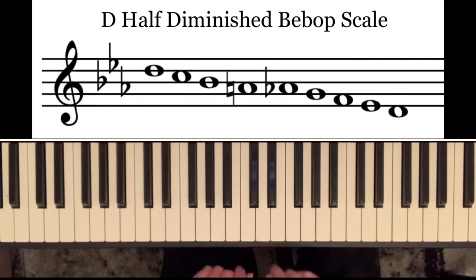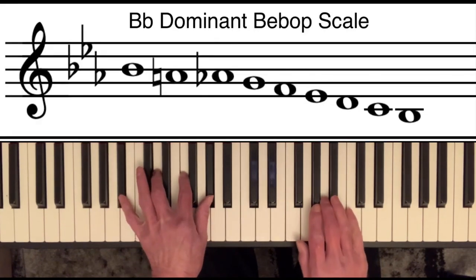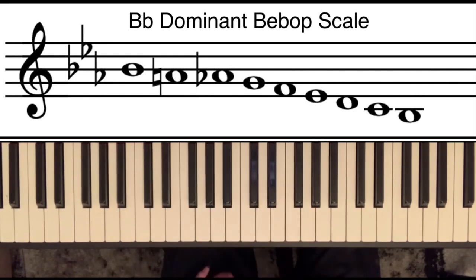And we call this scale the bebop half diminished scale. You might notice that it actually contains exactly the same notes as a bebop dominant scale on B flat. That's a B flat 7 chord. That's a B flat dominant 7 scale.